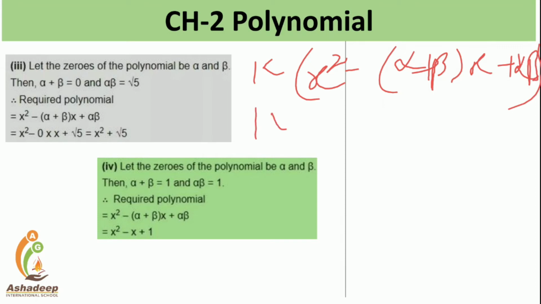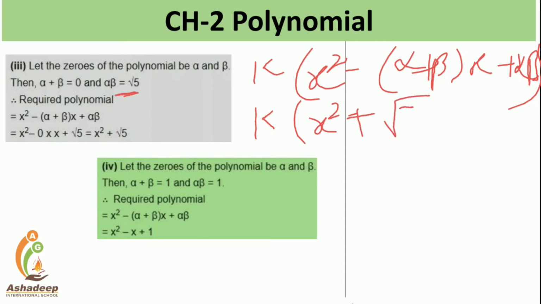K in bracket x square minus, see the value of sum is 0, so we don't need to write anything over here, right? And I will directly write the plus square root of 5.